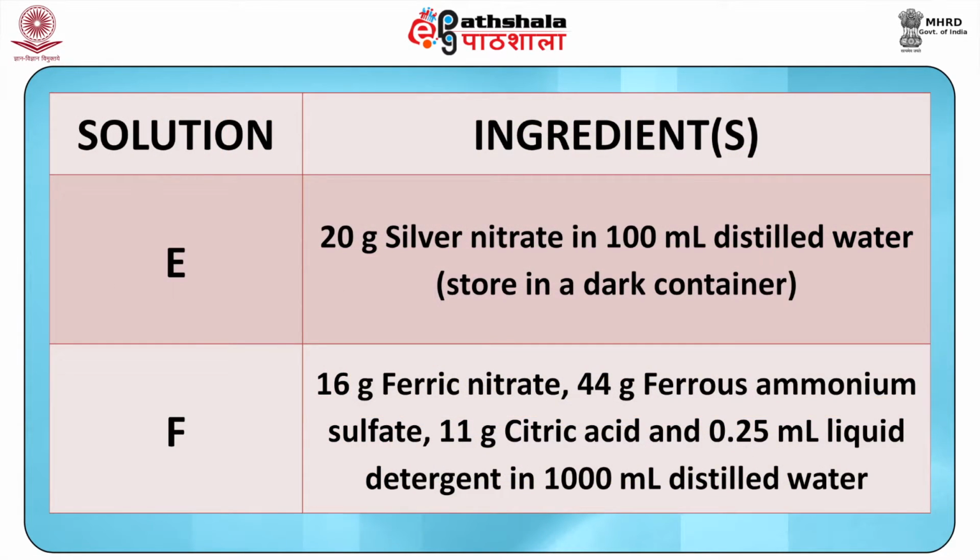Next, the following solutions are prepared. Solution E, which is 20 gram of silver nitrate in 100 ml distilled water. Solution F, which is 16 gram of ferric nitrate, 44 gram of ferrous ammonium sulfate, 11 gram of citric acid, and 0.2 ml liquid detergent in 1000 ml distilled water.